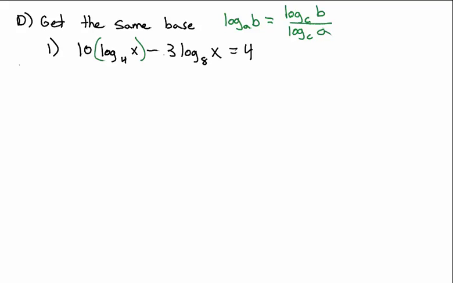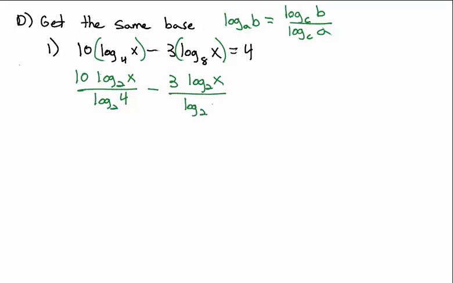Here, our 4 and our 8 would probably be best served with a base 2. So we have 10 log base 2 of x divided by log base 2 of 4, minus 3 log base 2 of x over log base 2 of 8 equal to 4 still.